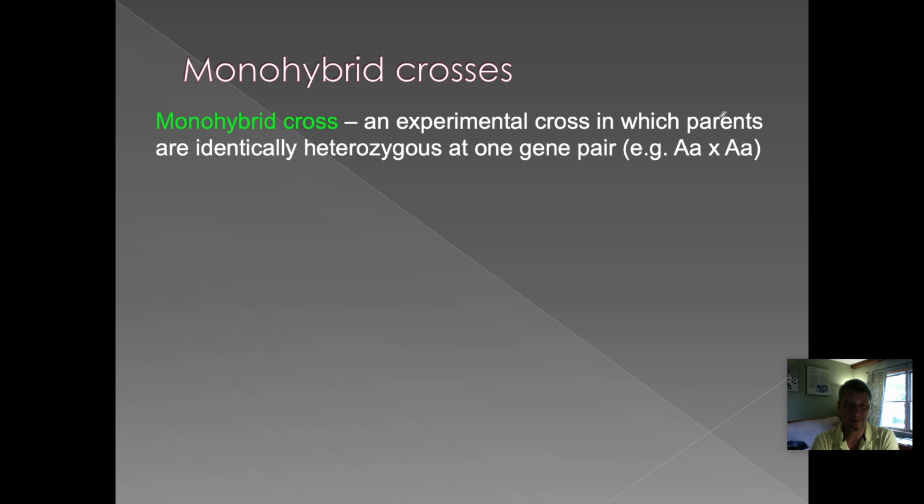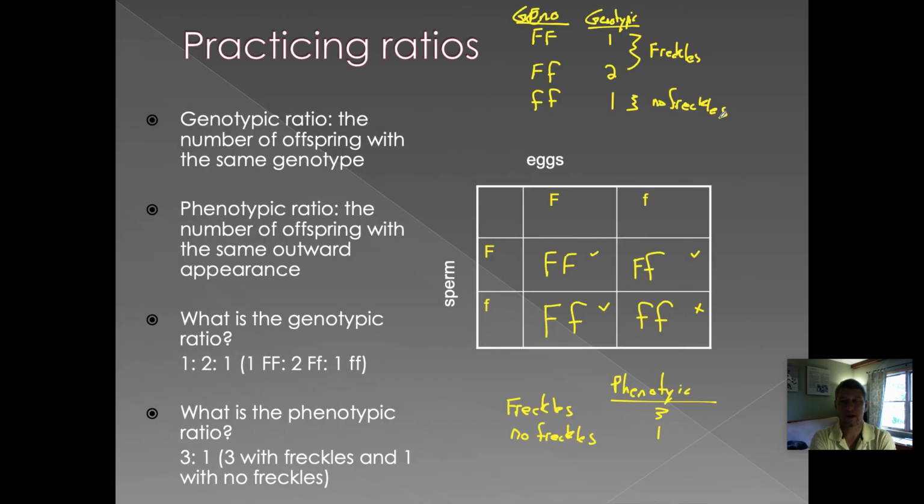So dad is heterozygous and mom is heterozygous. And that is what you saw on the previous slide. This is a monohybrid cross because both parents are hybrids, or heterozygous.